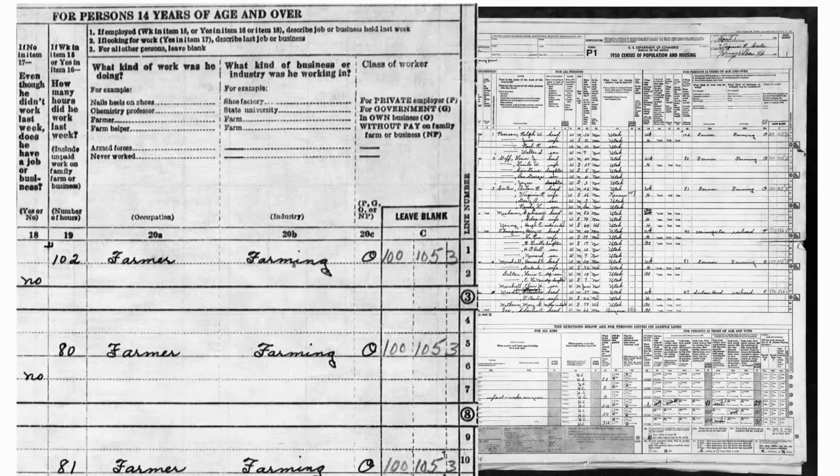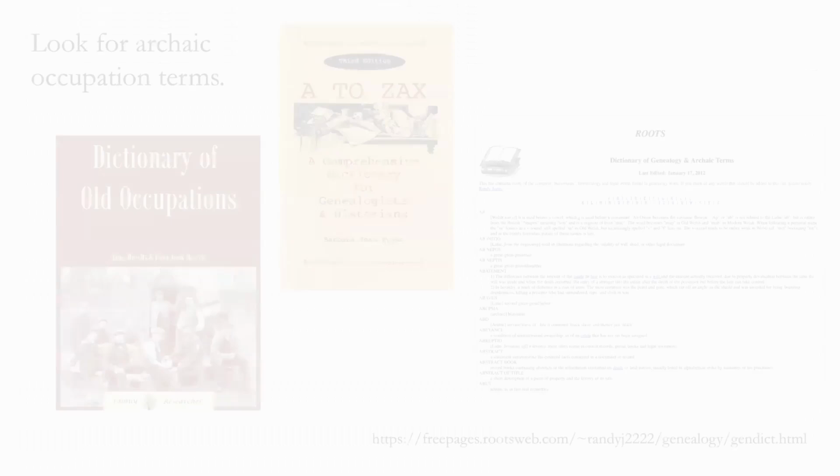Here's a blow-up of that portion showing farming as the occupation for this number of people in this area. It's not surprising, because in the 1950 census there was still a substantial percentage of the US population living on and working as farmers, which is not the case today.